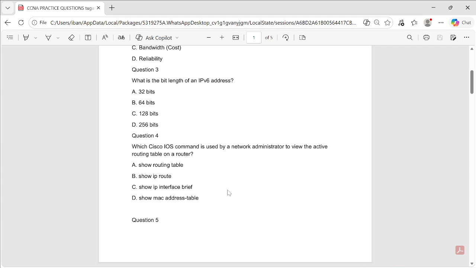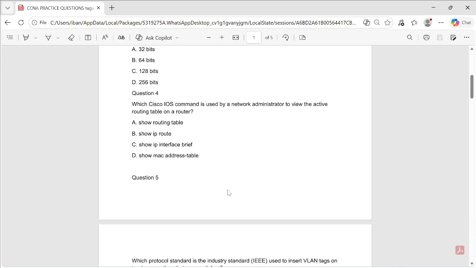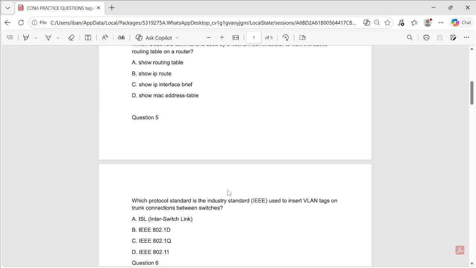The correct answer is show ip route, because if you check on your Cisco router, you can type show ip route and it shows the CLI table of the routes. That's the correct answer.